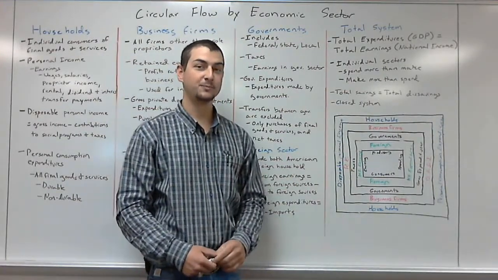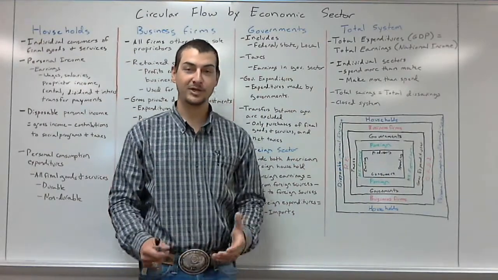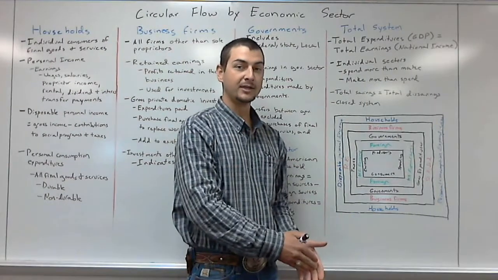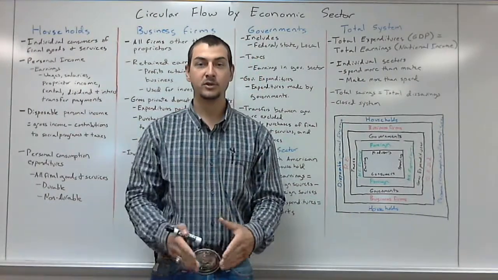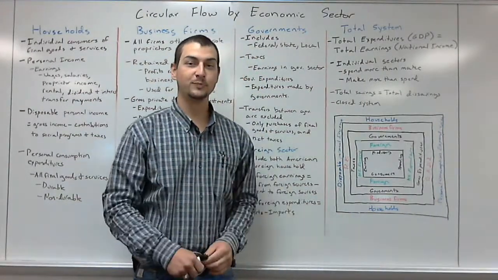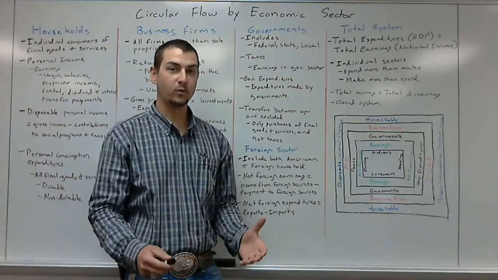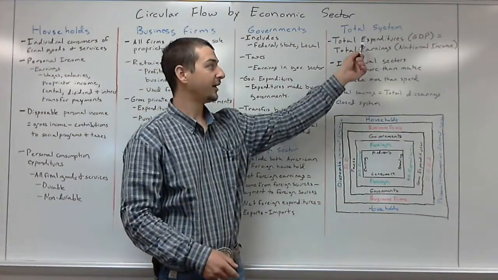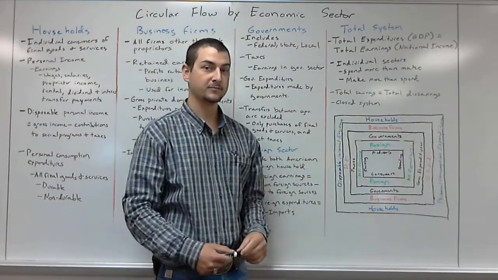In some cases, we have somebody with dis-savings, where they spent more than they made, and somebody with savings, where they made more than they spent. How can we have savings and dis-savings and still have expenditures equal earnings?